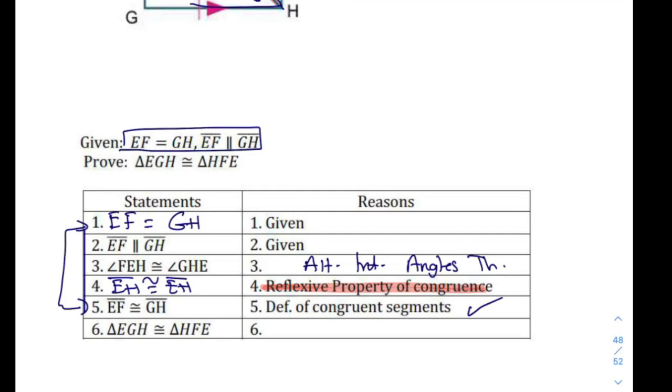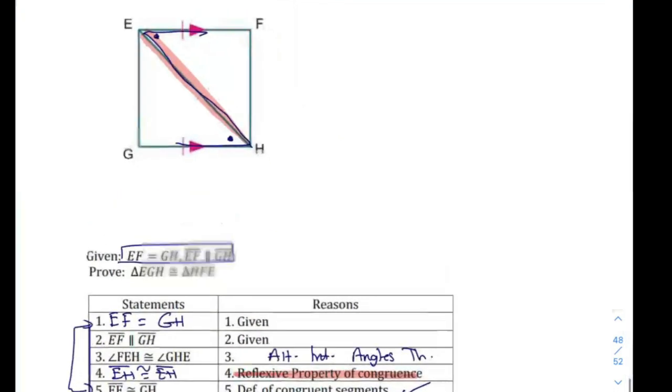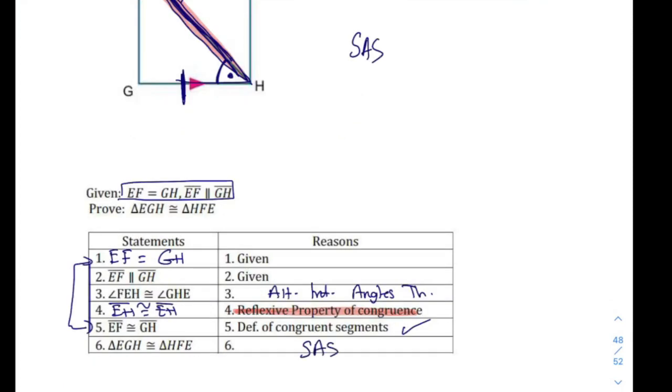Finally, we need to justify what postulate is used to prove that the triangles are congruent. We have used that side EF is congruent to GH. We have used one common side, and we have the angle between. So we have used side, angle, side, and we will write it here: side, angle, side.